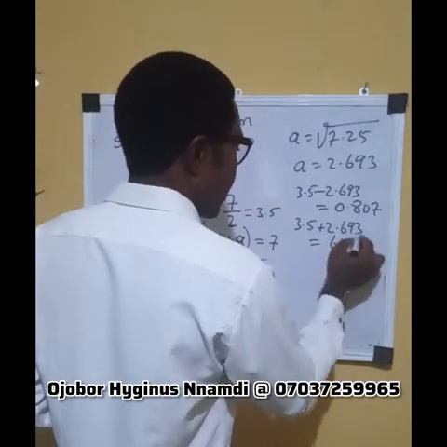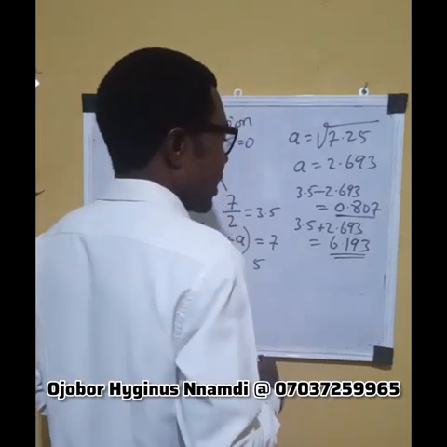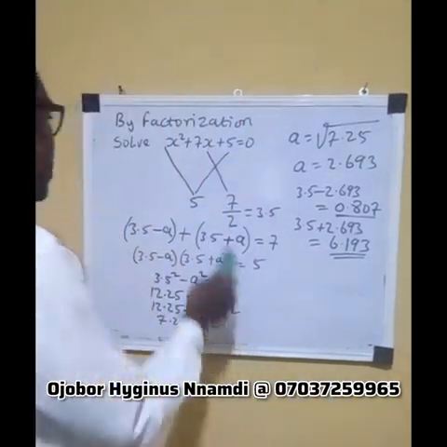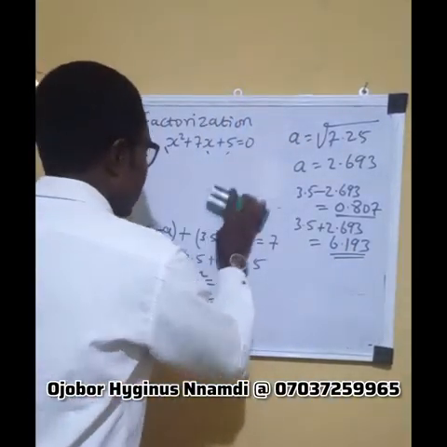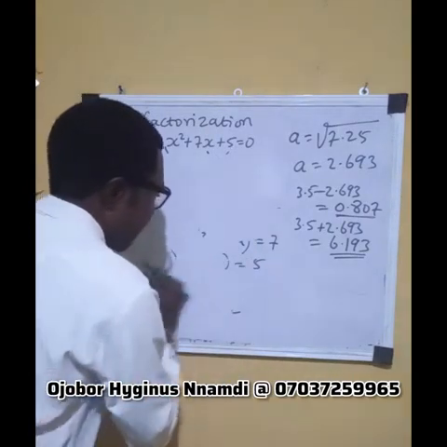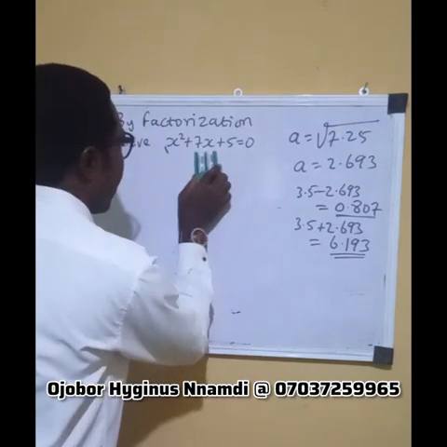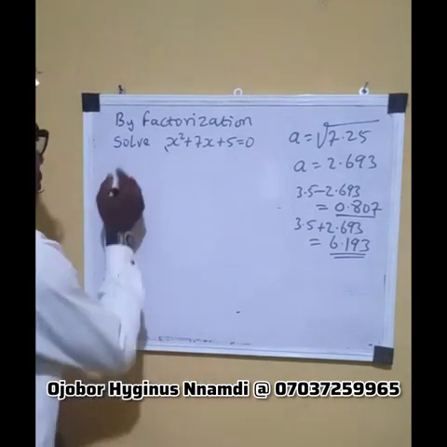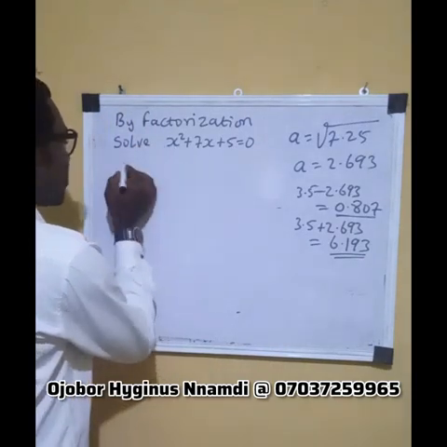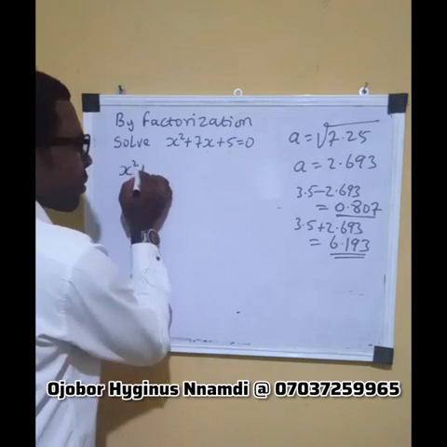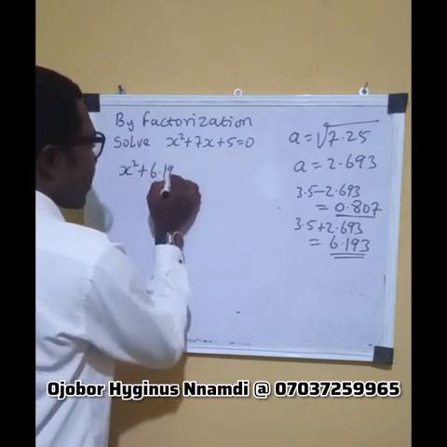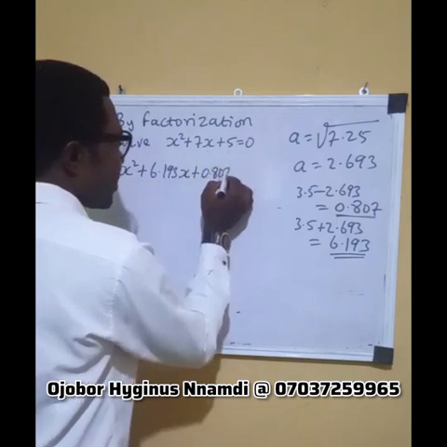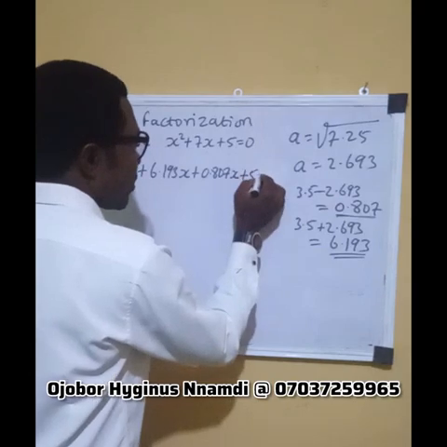So the two factors are 0.807 and 6.193. The implication is that this equation can be rewritten as x squared plus 6.193x plus 0.807x plus 5 equal to 0.